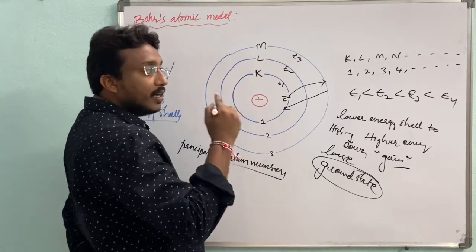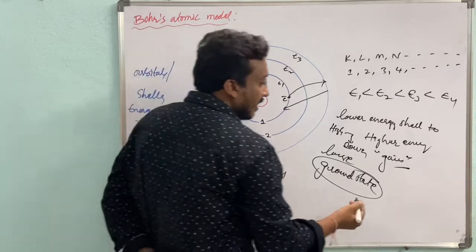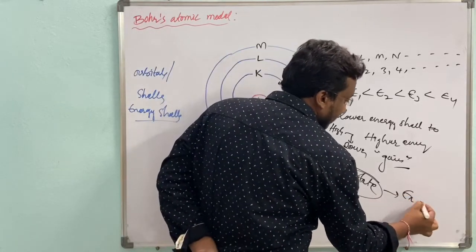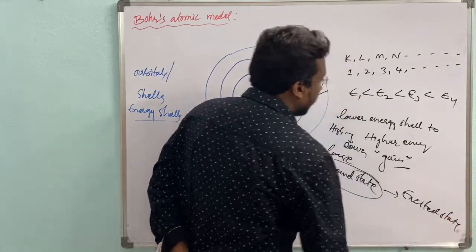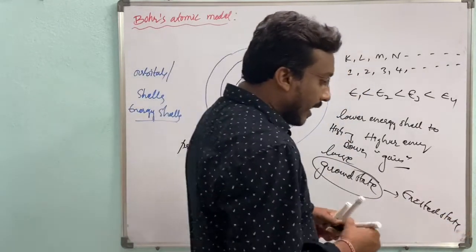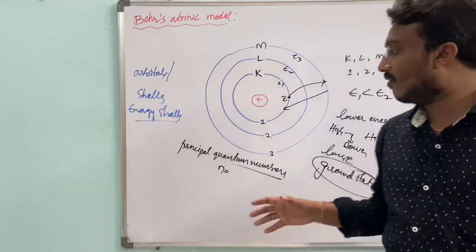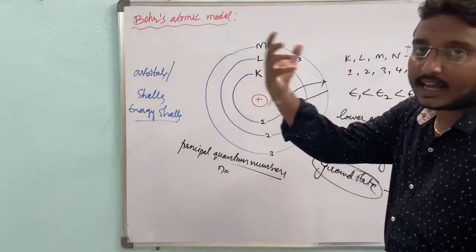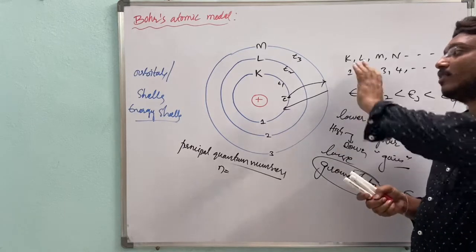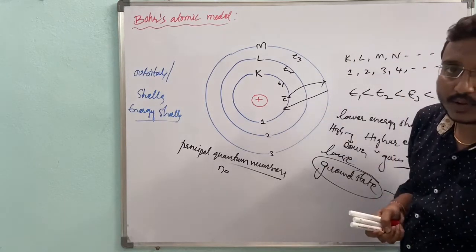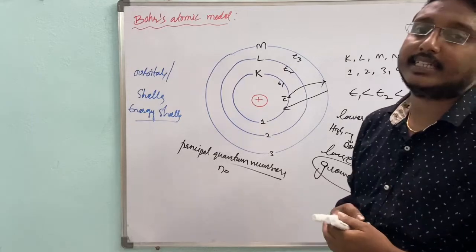When it jumps into a higher energy level, that is called the excited state. That means when an electron jumps from the ground state to an excited state, it gains energy, and when it jumps from excited to ground state, it loses energy.